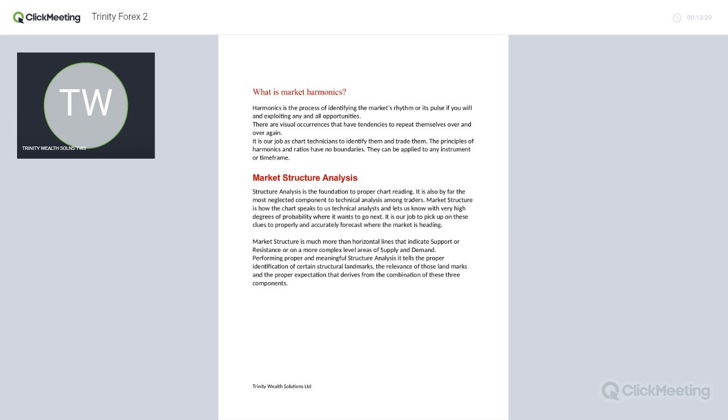But when you identify how the market speaks to you and the language you understand, then you realize there's some consistency in the way the price moves, and you can actually follow and forecast for you to be able to enter good trades.